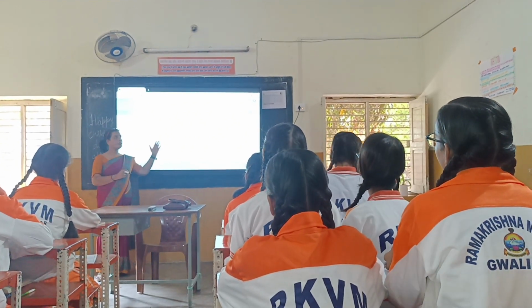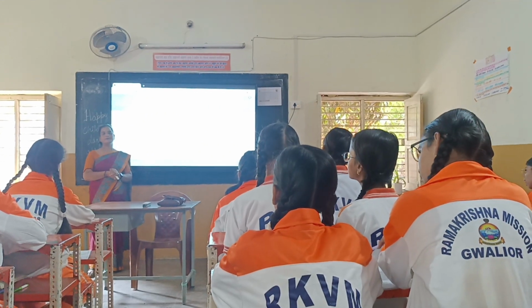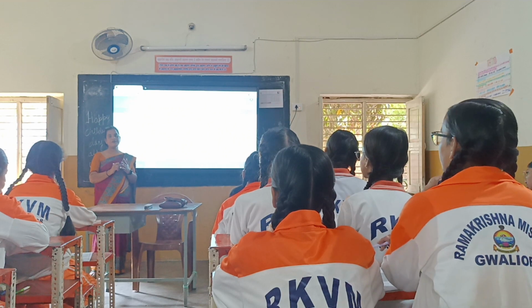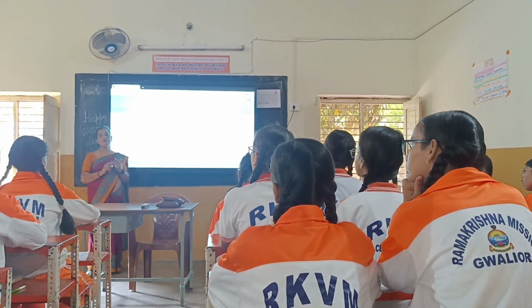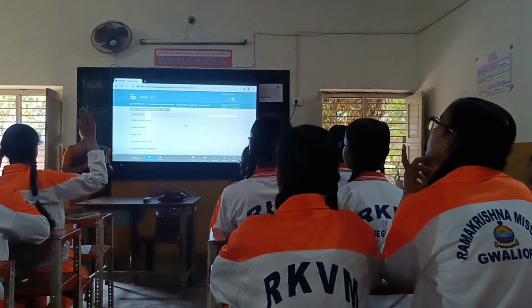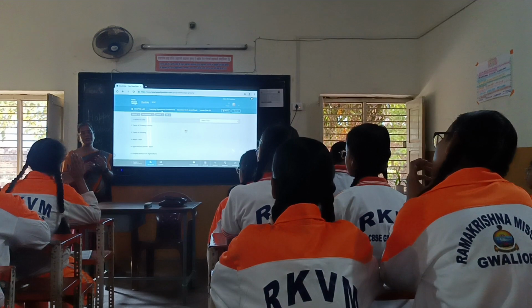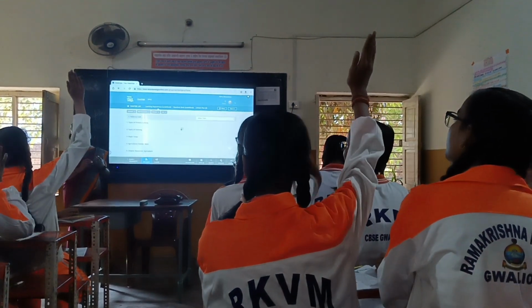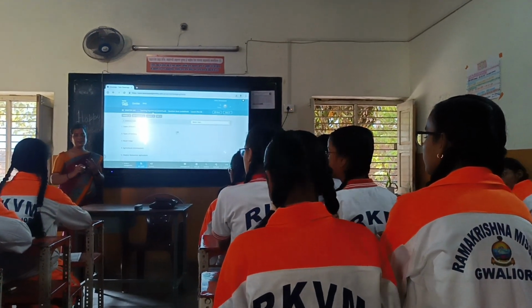Okay, let's revise. In shifting cultivation, what do the people do? Let me ask the question. In which type of farming do people clear a patch of land? Shifting cultivation. Okay then, next.